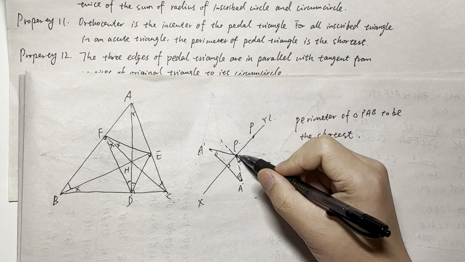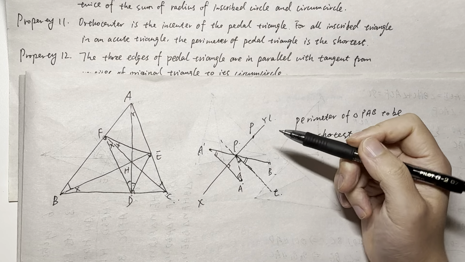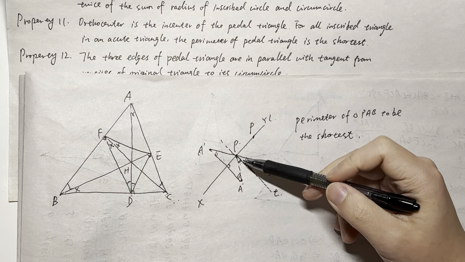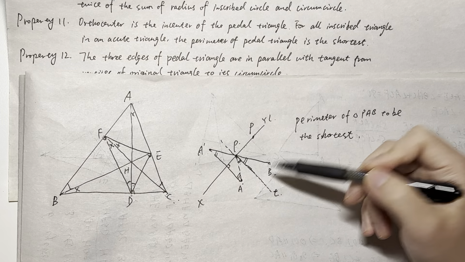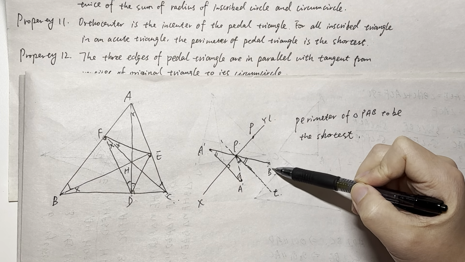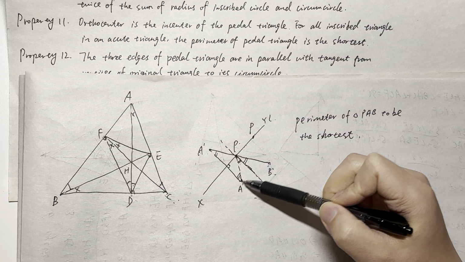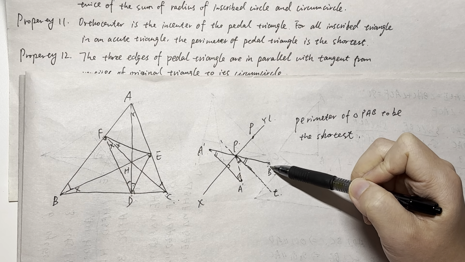And this point gives the shortest perimeter of triangle PAB. Why? A and B are constant points, right? That means the distance from A to B is constant.